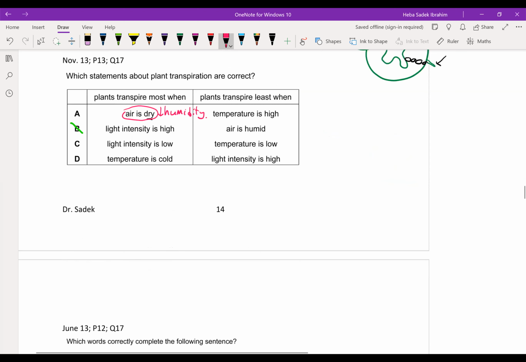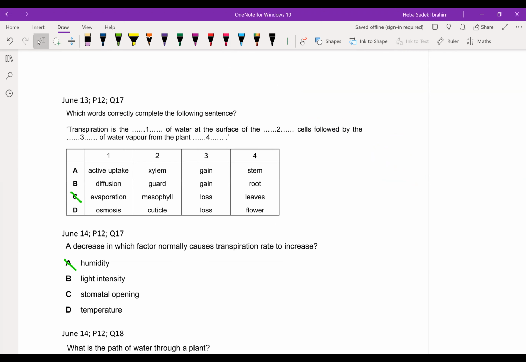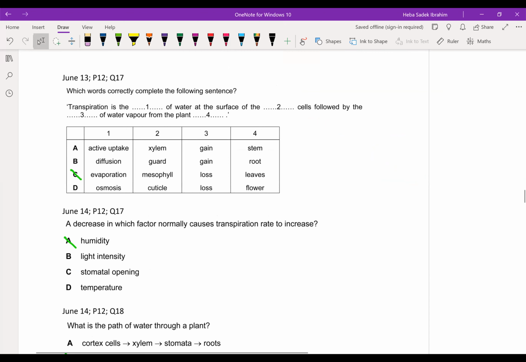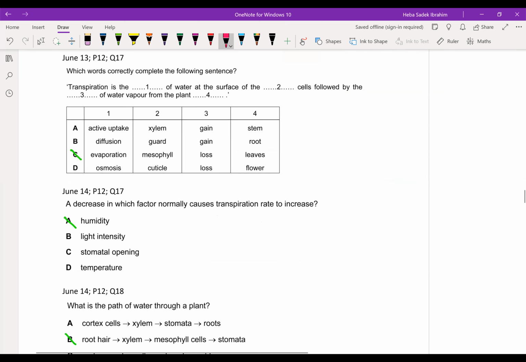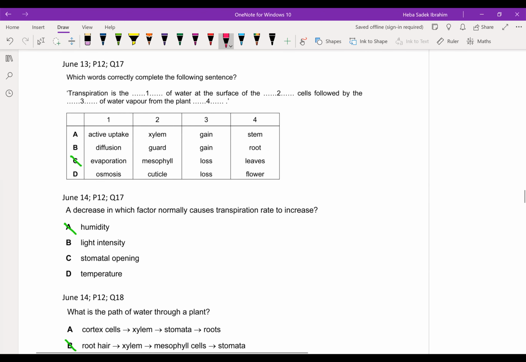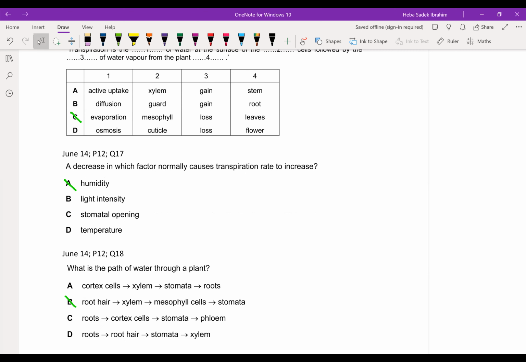Which words complete the statement? Transpiration is the evaporation of water at the surface of the mesophyll cells, followed by diffusion of the water vapor from the plant leaves. He might say diffusion of water vapor from the stomata. They can manipulate the data in different ways, but in the end we're talking about the same thing. A decrease in which factor normally causes transpiration rate to increase?